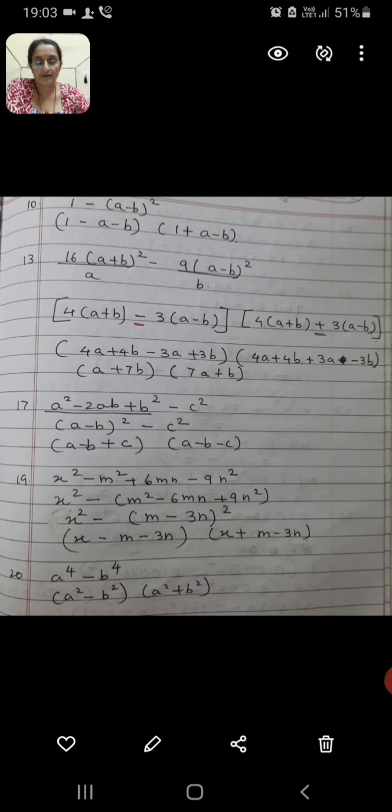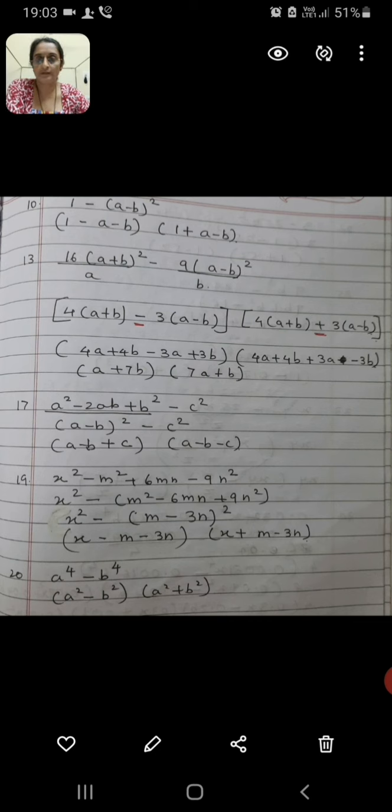So first term we are going to consider as A, second term we are going to consider as B. So root of m square minus 6mn plus 9n square, that is (m minus 3n) square. So x square is considered as A and (m minus 3n) considered as B. So once it is positive, once it is negative. The next question is a raised to 4 minus b raised to 4.